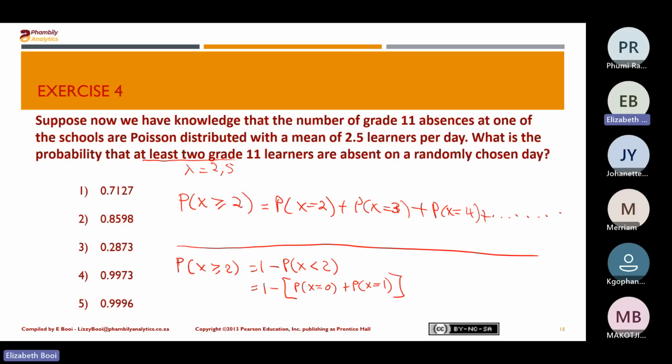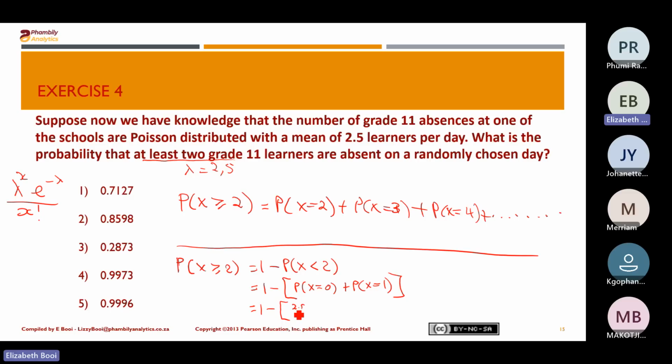So in this instance, you will say 1 minus, and if we use the formula, let's start with 0. Our lambda is 2.5. We're going to use our formula of lambda to the power x, times e to the power minus lambda, over x factorial, right?